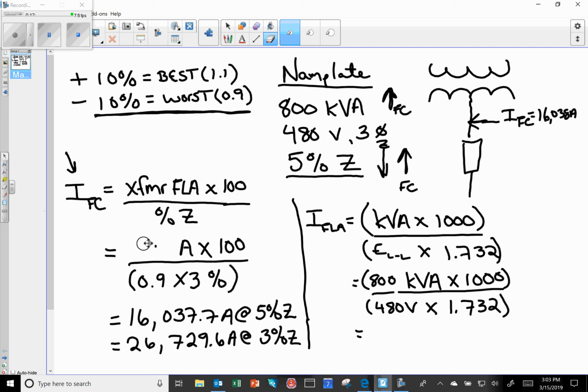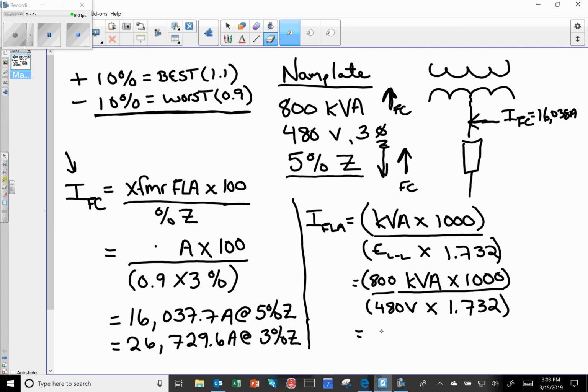Our full load amps, we're still going to assume that we are at 3% impedance. So if we punch that into our calculator, 800 kilovolt amps times 1,000 divided by 480 volts times 1.732.